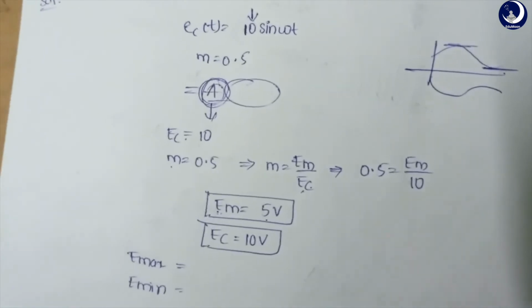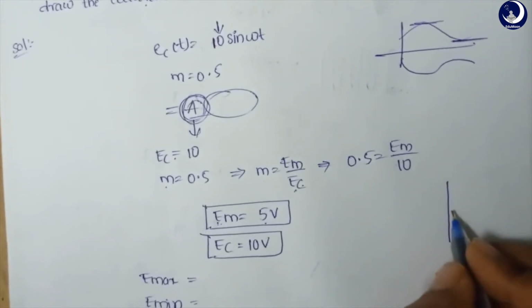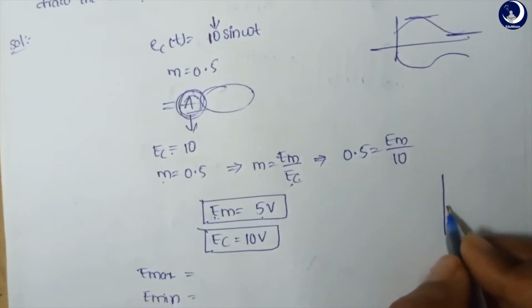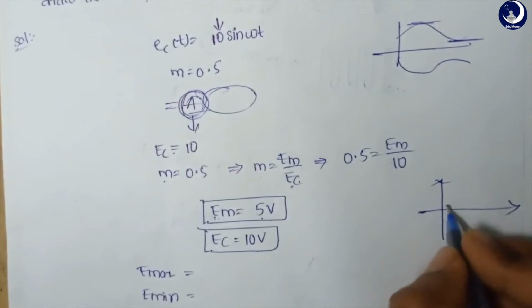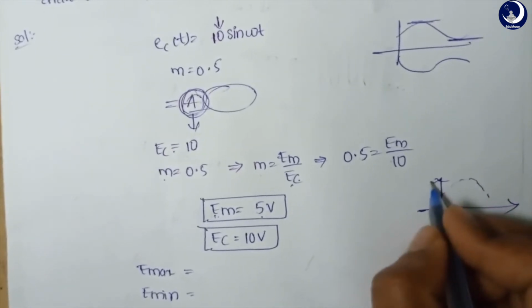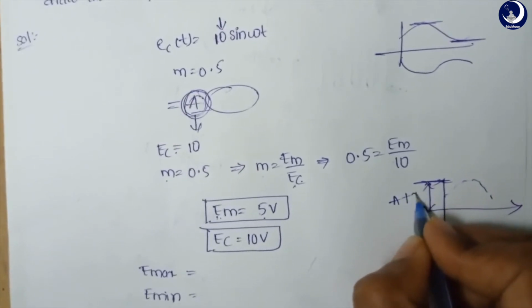Already in our last class on amplitude modulation, I told you that after modulating, we will get a wave whose amplitude is equal to the sum of the carrier wave plus the modulating wave.